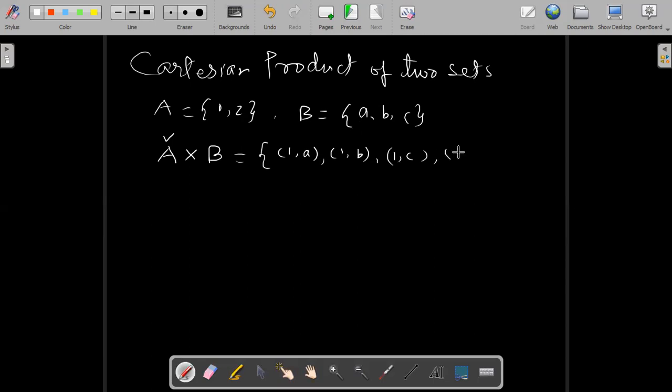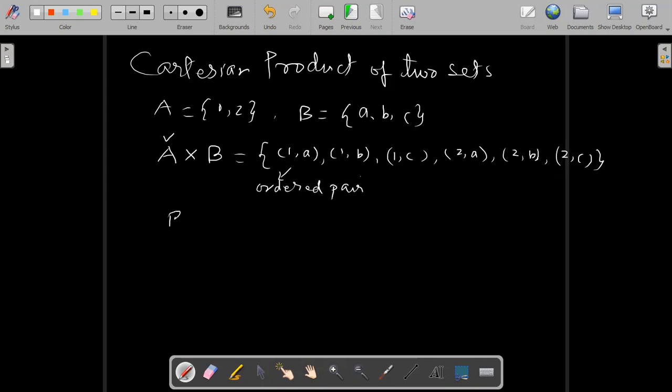Similarly, with 2 you will write (2, a), then (2, b) and then (2, c). So what we have observed is that each element is an ordered pair. So each element of the Cartesian product is an ordered pair.